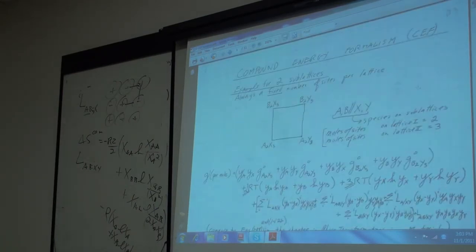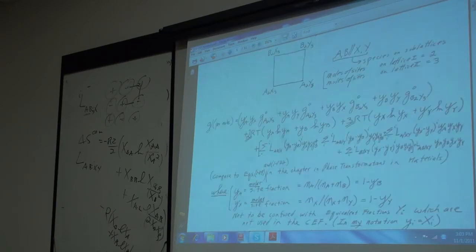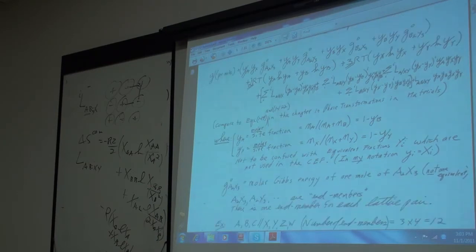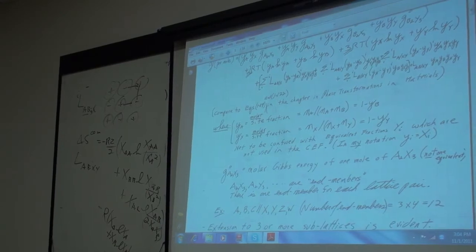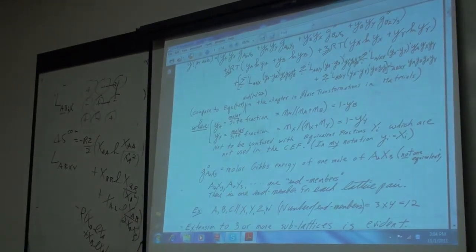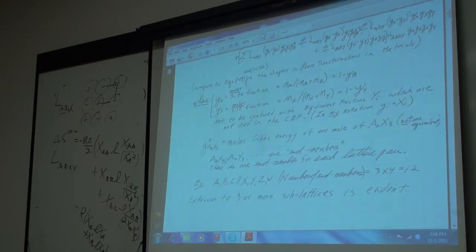So this would be the compound energy formalism, more or less using the notation of Calfat, using the small y's for site fractions, and using the Redlich-Kister terms to indicate the Redlich-Kister term for the XY interactions when the other sublattice is occupied by A, so these are binary terms. So these are your site fractions. Later on I'll talk about big YI, which are equivalent fractions, not to be confused.